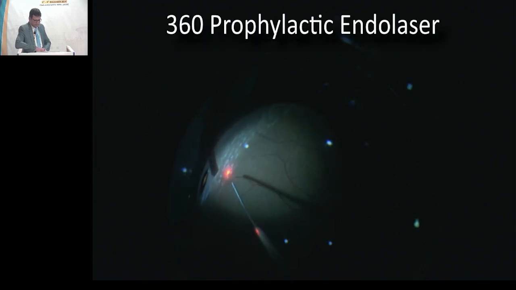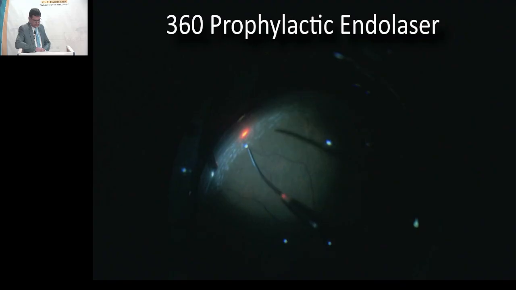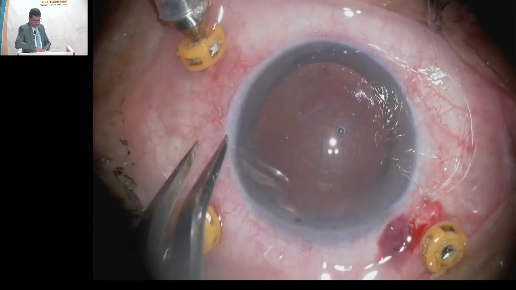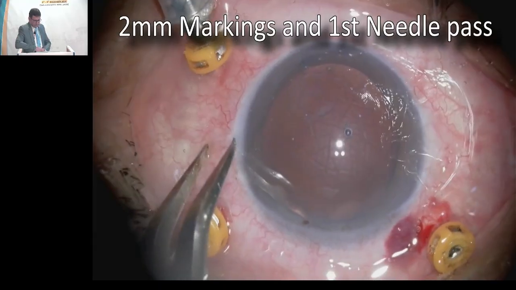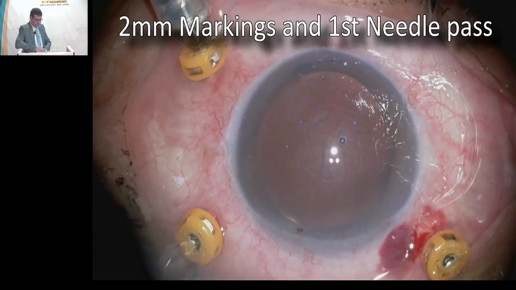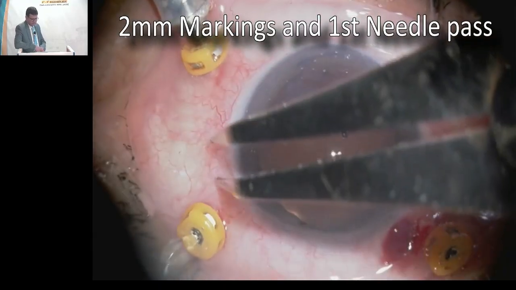360-degree prophylactic laser barrage is applied. Now comes the scleral fixation part. 3 o'clock mark is applied 2 mm away from limbus and another mark is applied 2 mm up for the leading haptic.